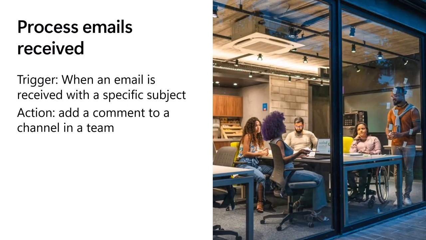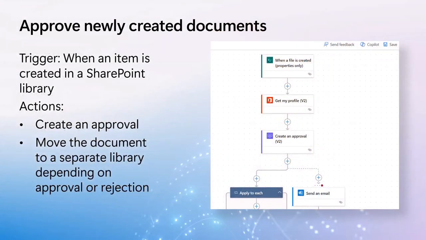Another productivity opportunity could be to route emails that have been received with a specific subject and add them as an entry into a channel within a team. And monitoring emails might be something that you do if you are running an IT help desk. Approvals give organizations the opportunity to create simple approval processes.